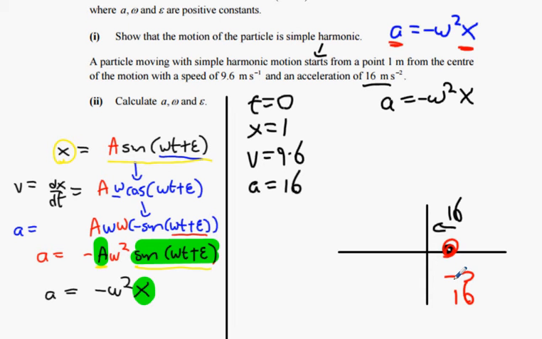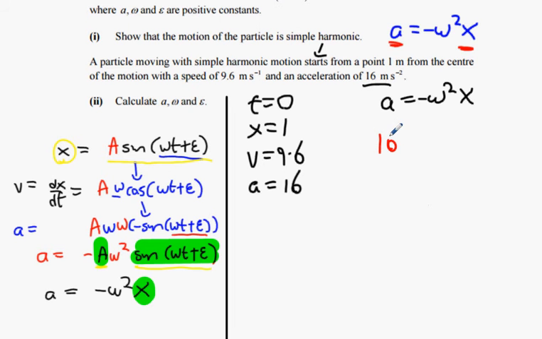Is that alright? So what I'm going to argue here is this, guys. I'm not going to worry about the sign. If I was to write down 16 equals minus omega squared times 1, you're going to get a complex number there, aren't you? You're going to get omega squared equals minus 16. And we've never done complex numbers here before.